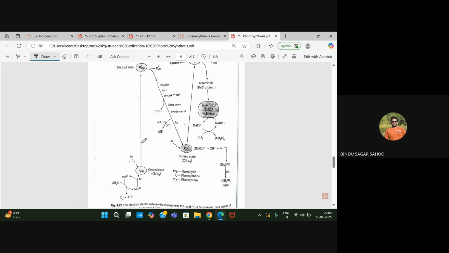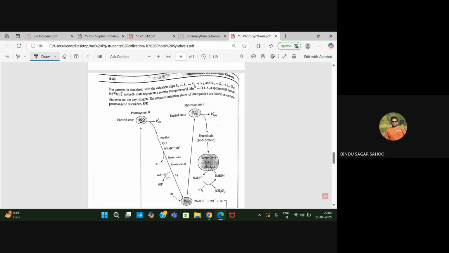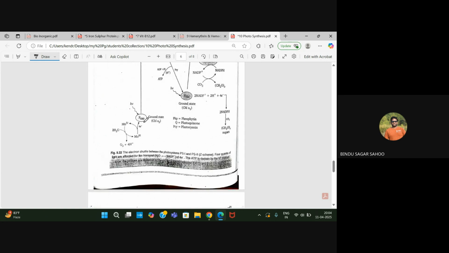That means it makes a donation of electrons, and these electrons are donated towards P680, that means photosystem 680. This pigment absorbing at 680 nanometer gets converted to P*680. That means this is the excited state and this is the ground state.